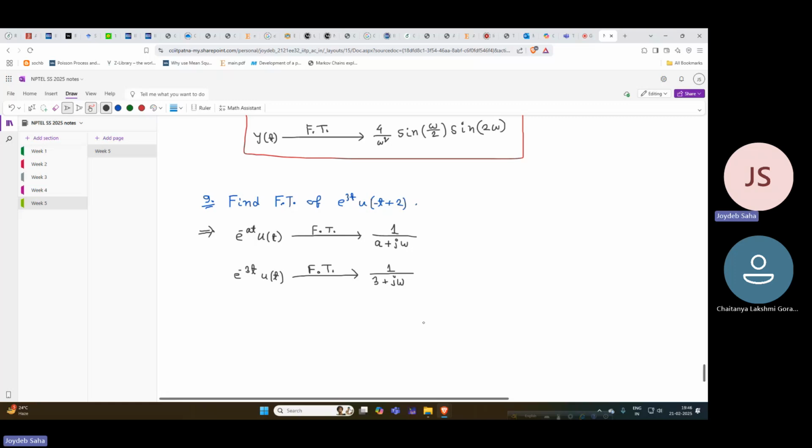Now, if we apply the time shifting property and shift the time by 2, what will we get?